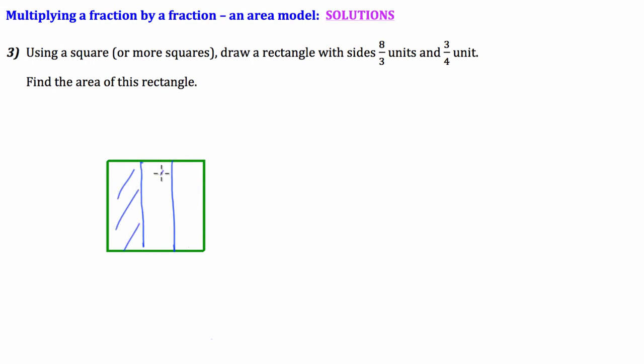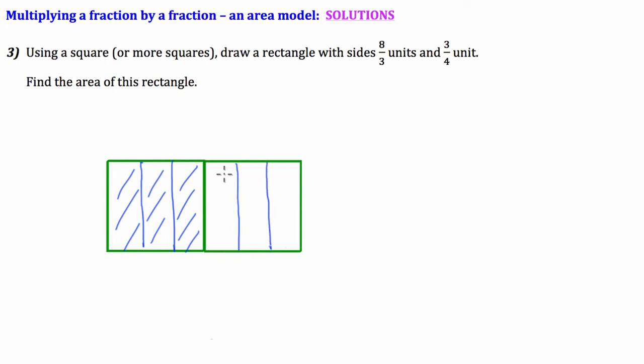So this is 1/3, 2/3 and 3/3. So looks like one whole is not enough, so let's draw another whole and let's again split this into thirds. So we have 3/3, and this is 4/3, 5/3, 6/3.